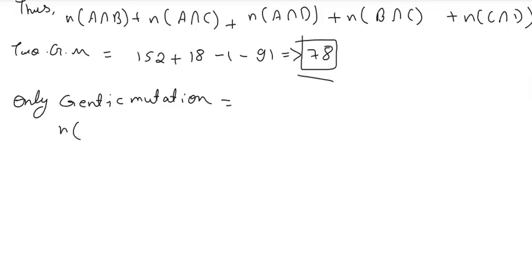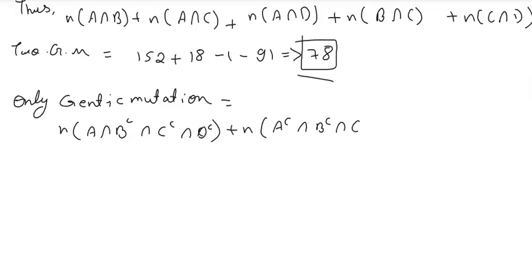So for that, n of A intersection B complement intersection C complement intersection D complement plus n of A complement intersection B complement intersection C intersection D complement plus n of A intersection A complement intersection C complement intersection B complement intersection D, which is equals to 48.